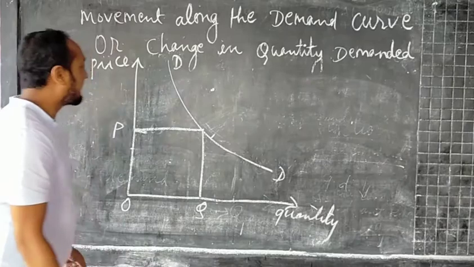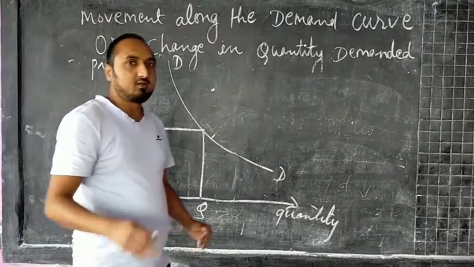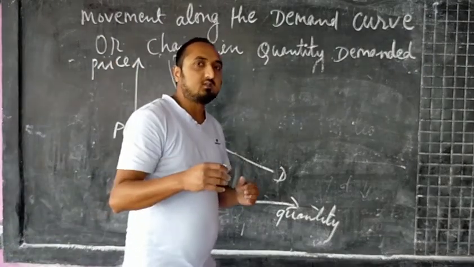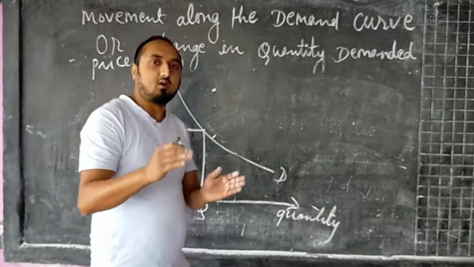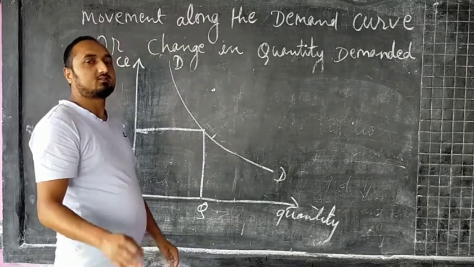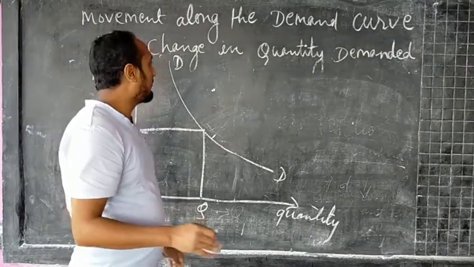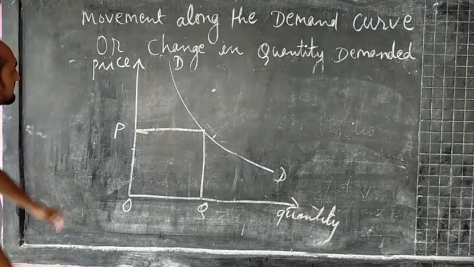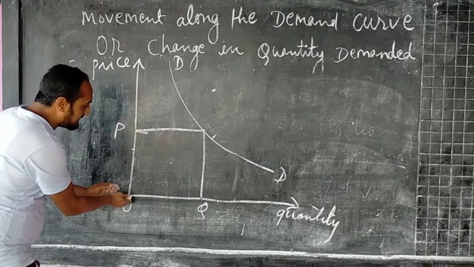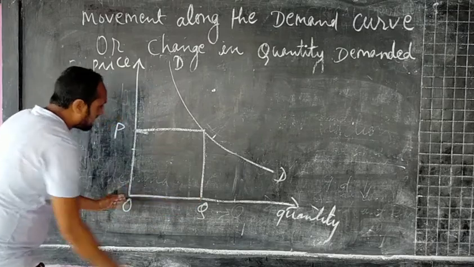Now next we have contraction of demand. When the price of a commodity increases, the quantity demanded will decrease, other things remaining constant. That concept is known as contraction of demand. Now I am going to explain it with the help of a diagram. Let's consider OP as the initial price and OQ as the initial quantity.